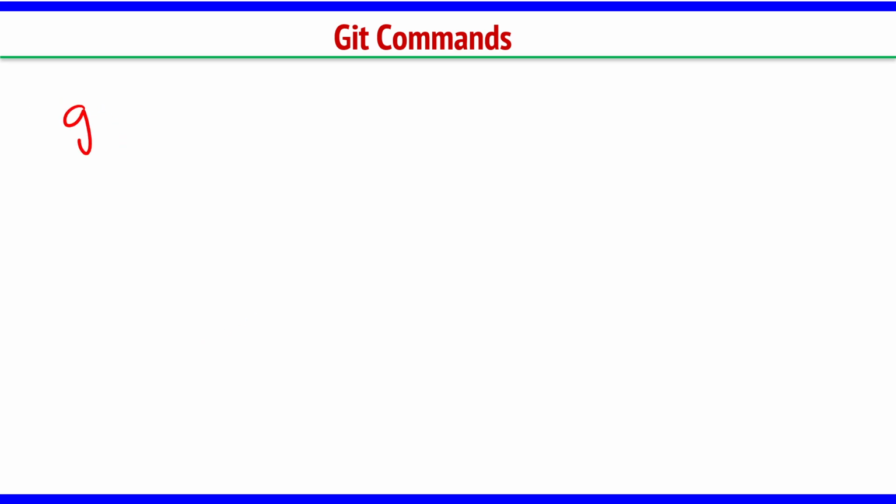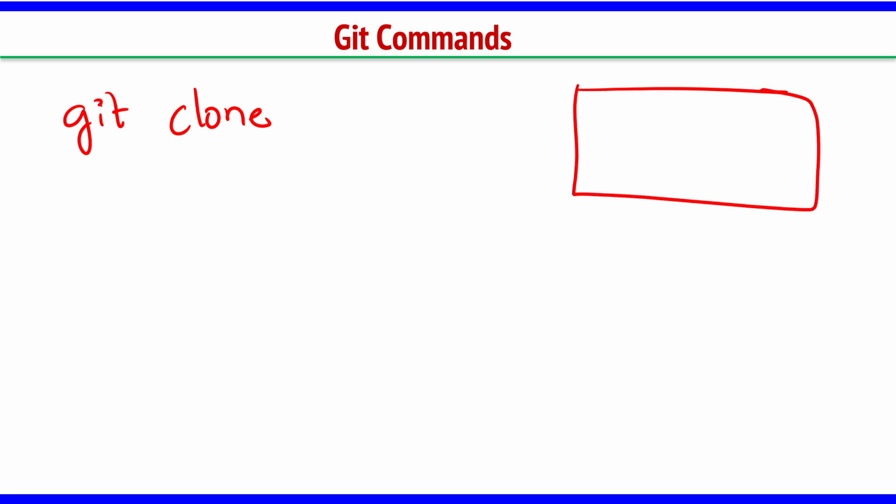The next command is git clone. What is this git clone? It is used to retrieve the entire repository from a publicly available platform, let it be GitHub, GitLab, whatever it is. Let us say it is GitHub only, for easy understanding. Git clone is used to fetch or download the entire code from GitHub into my local repository.